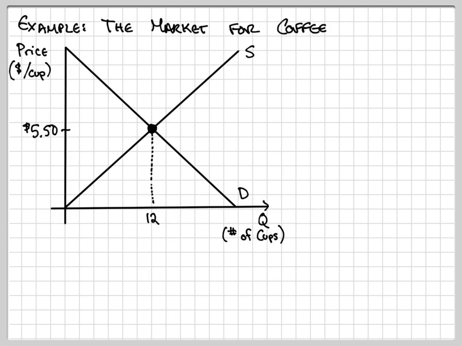All right, so that's our equilibrium price and quantity without the tax. And so now we're going to see what happens when there is a tax in this market. And so this is our equilibrium without the tax.